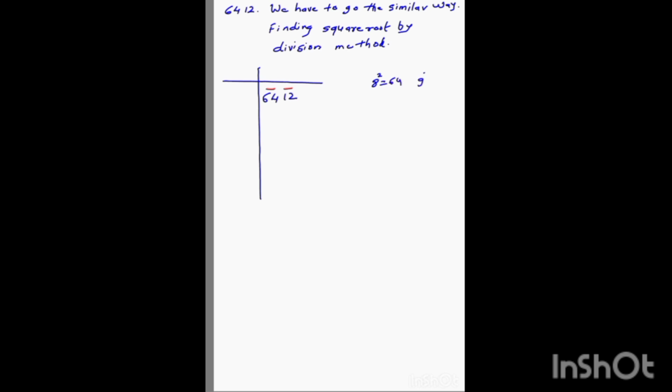Our job is easy because we are getting a perfect square. 9 square is 81. Very easy job. Select 8, so 8 into 8 is 64. Here the answer is 8 and 64. You subtract it, you get 0.